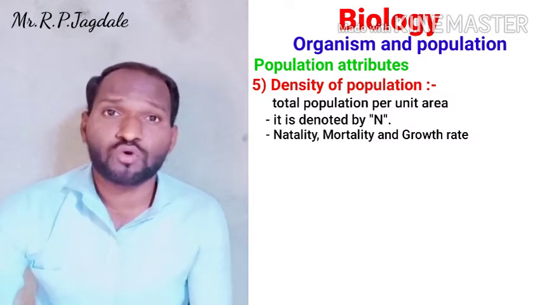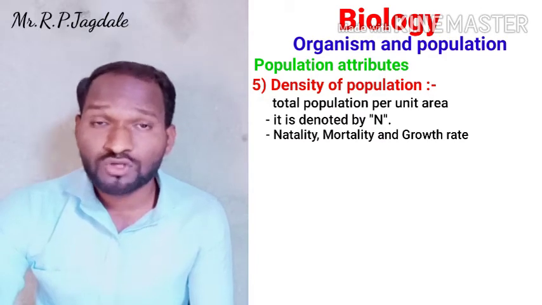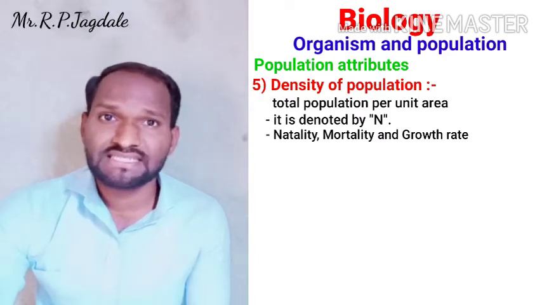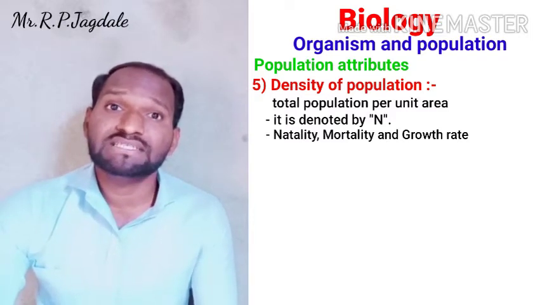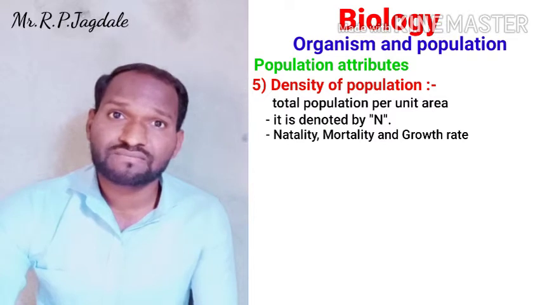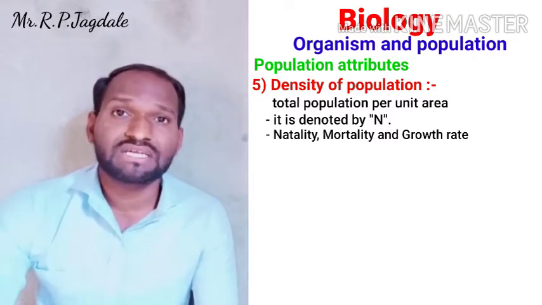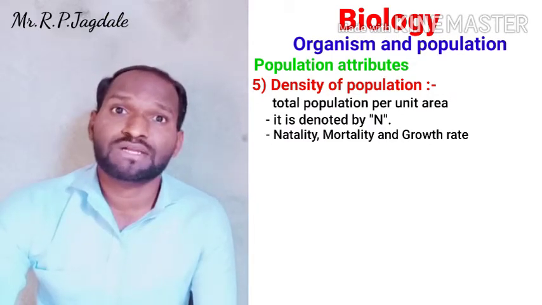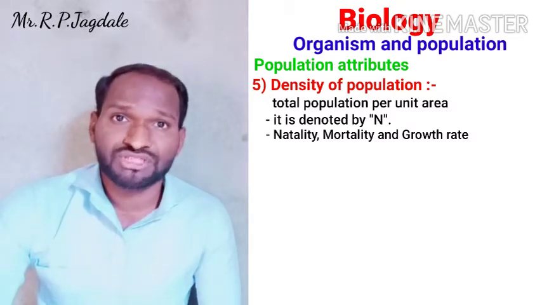So there are two possibilities: either the population density increases or decreases. So how does the population density increase and how does it decrease? For that, we should know the four factors which are responsible for the increase and decrease of the population density.